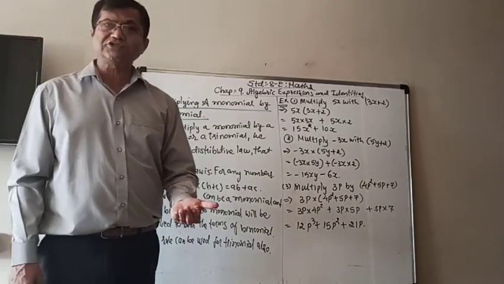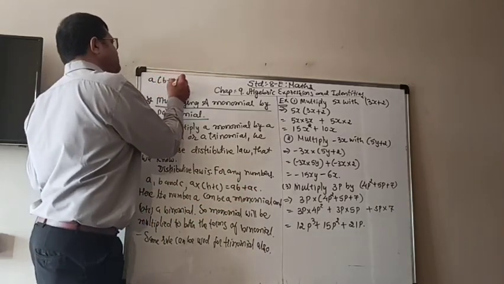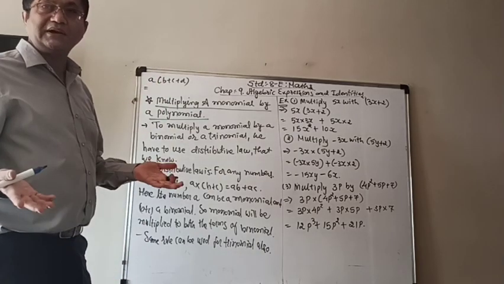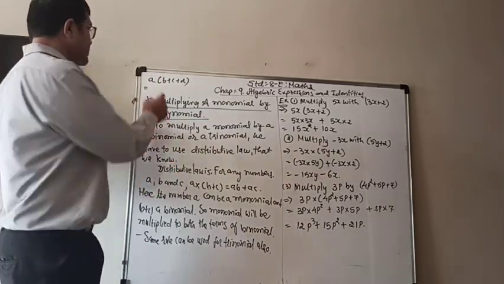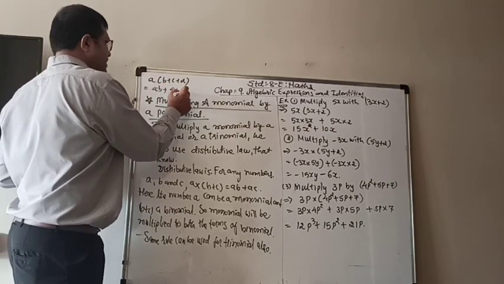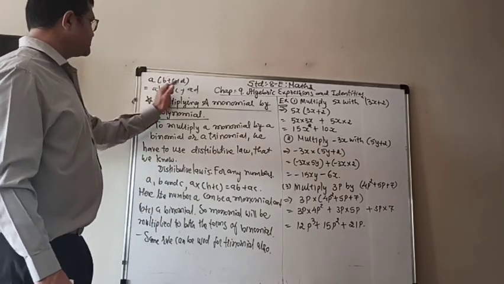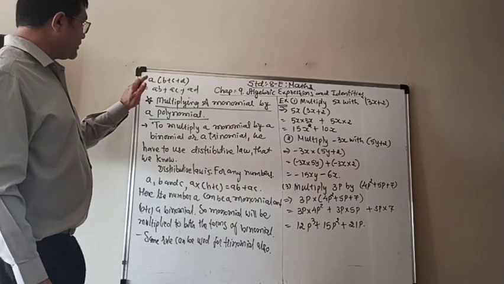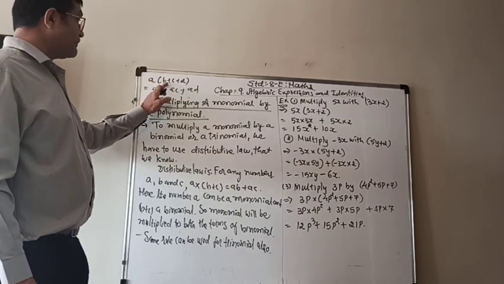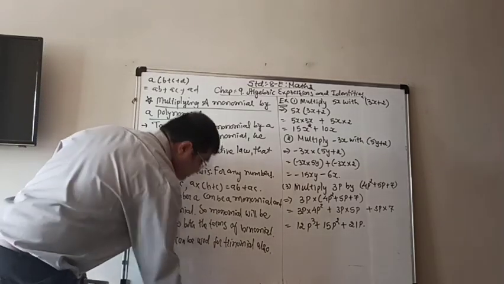For the trinomial also, if it is like A into bracket B plus C plus D, then also what will we do? A will be multiplied with all of them, means A multiplied by B is AB, A multiplied by C is AC, plus A multiplied by D is AD. So AB plus AC plus AD. So if it is a monomial and this is a trinomial, then the monomial will be multiplied with each term of the trinomial.